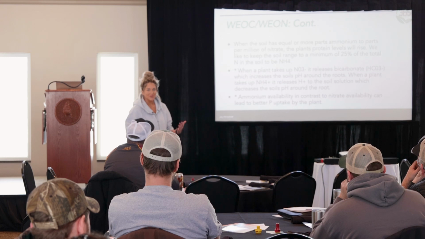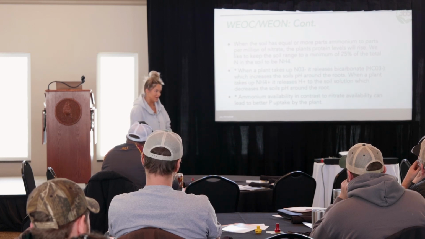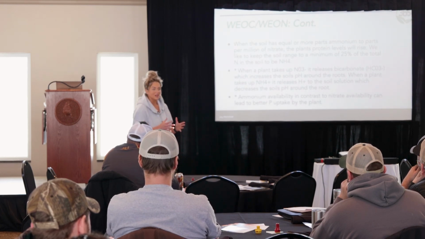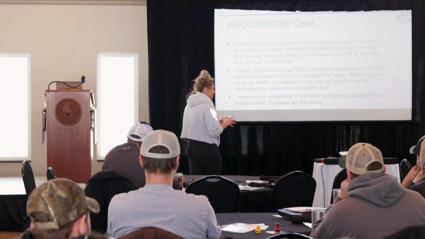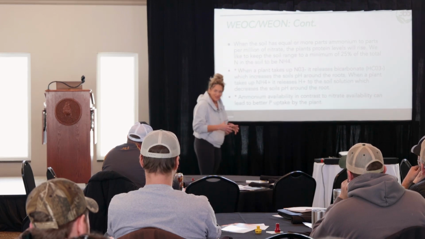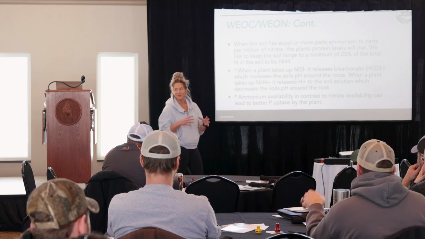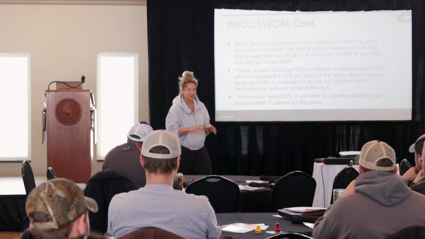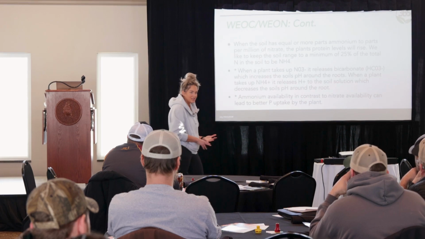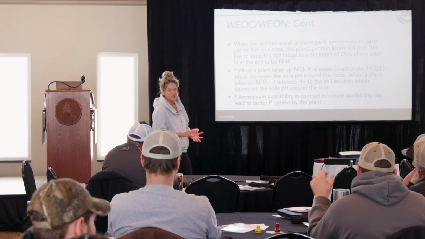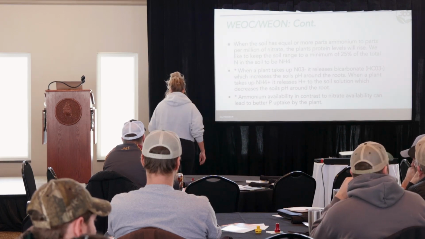Why is that? Because ammonium decreases the pH and causes more microbes to join around the rhizosphere and helps with carbon storage and then more nutrient uptake. So we have to focus on bringing that pH down around the rhizosphere to allow more activity, better carbon storage, and higher nutrient uptake.